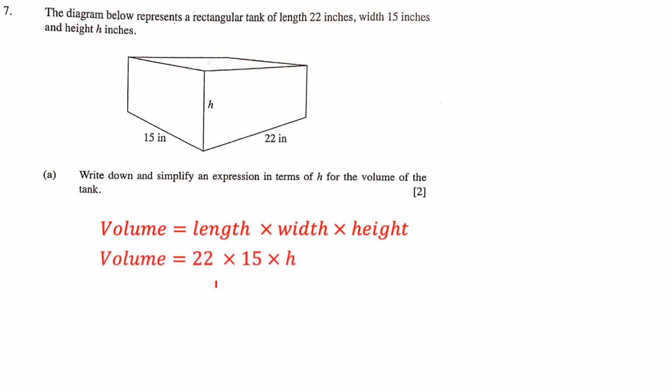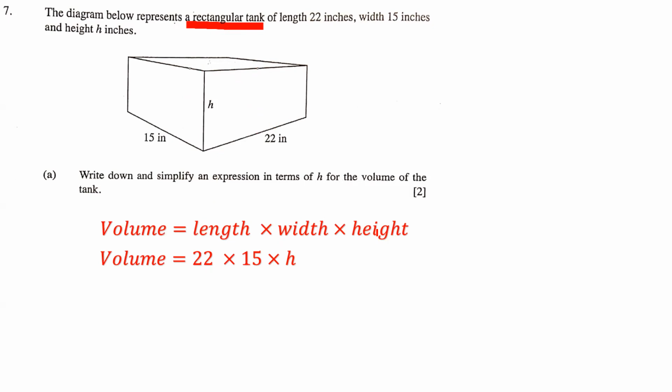And we know that the length is 22, the width is 15, and the height is h. We know that's length times width times height because it says a rectangular tank, all right? If you're looking at a 3D shape like this, it's going to be length times width times height, because it's a rectangular tank.